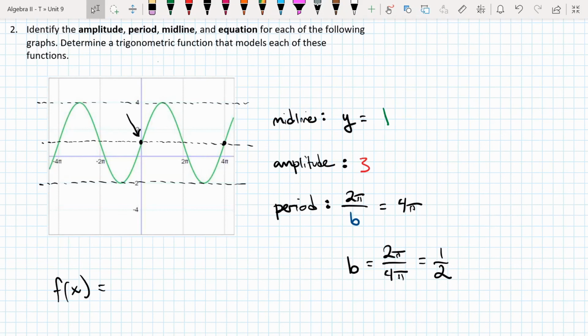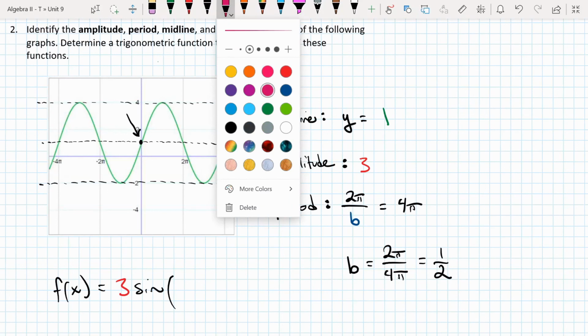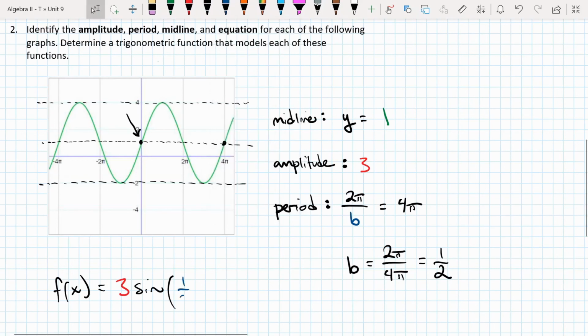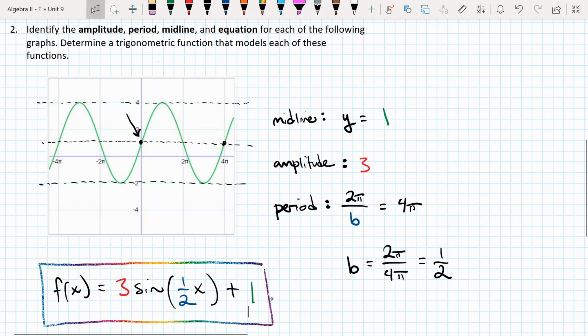So the answer for this is going to be 3 sine of 1/2 times x plus 1. And that is the answer for this question. That's the equation of this graph over here for number 2.